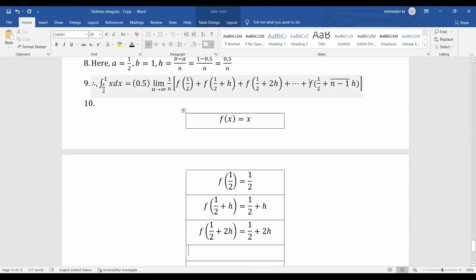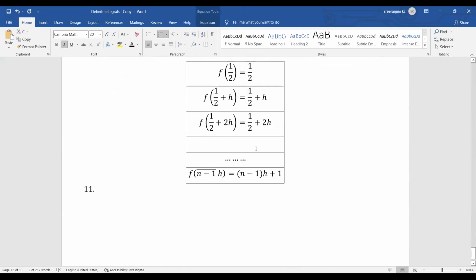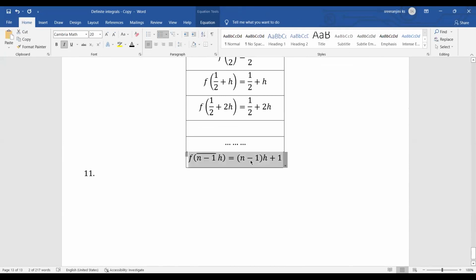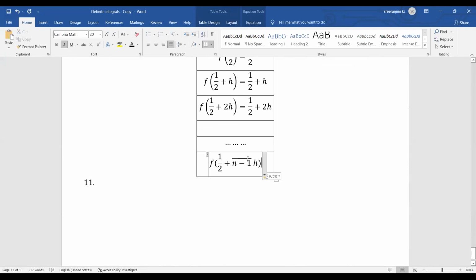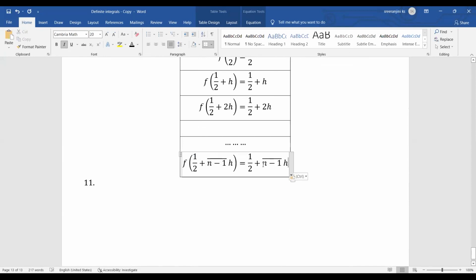And what will be the final term? F of 1/2 plus n minus 1 h: x should be replaced by 1/2 plus n minus 1 h. These are the values.